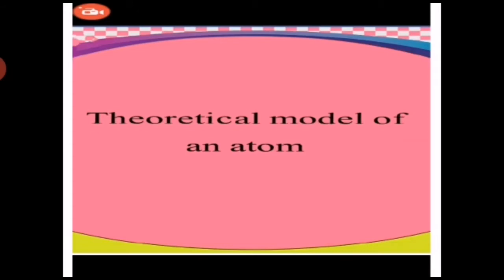The theoretical model of an atom. Bohr and Rutherford worked out a theoretical model for the atom in which the electrons are arranged in layers around the nucleus. Each layer or shell can hold a certain number of electrons.